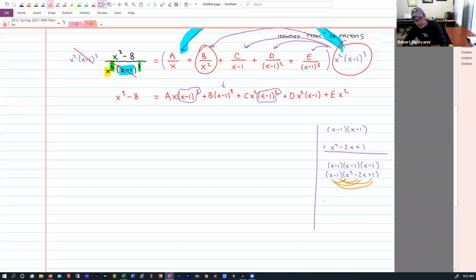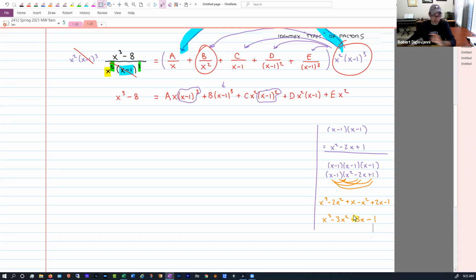When I pass the x through, I get x^3 - 2x^2 + x. When I pass the -1 through, I get -x^2 + 2x - 1. If you collect all your like terms together, you get x^3 - 3x^2 + 3x - 1. Maybe that would take you a little bit of time, but I do hope that everyone would be comfortable doing that.